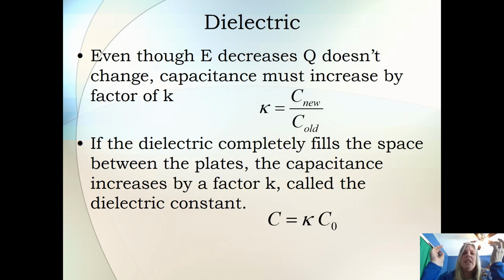And in fact, if we take that constant kappa and multiply it by the original capacitance, we get the new capacitance. So the capacitance is going to increase by the original capacitance times kappa.